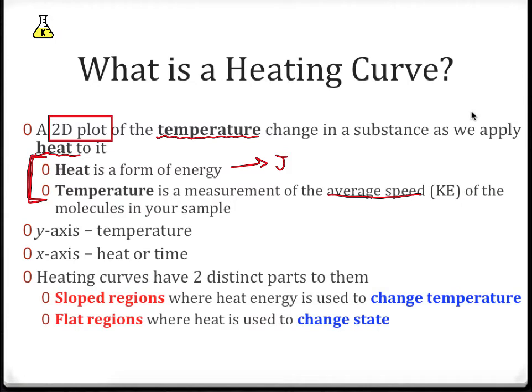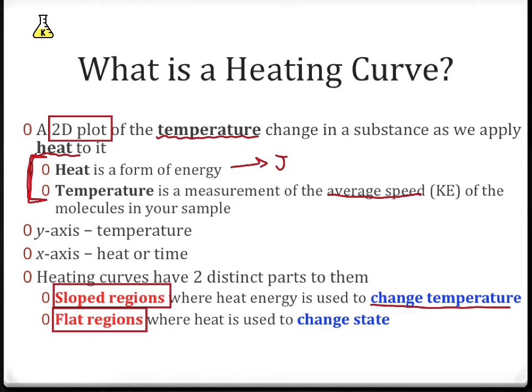When we start looking at the details of a heating curve, we see that heating curves tend to have two very distinct parts that go along with them. There are sloped regions of a heating curve, and this is where the energy that's being provided is used to cause a change in temperature. We will also see that these graphs are going to contain specific flat regions.